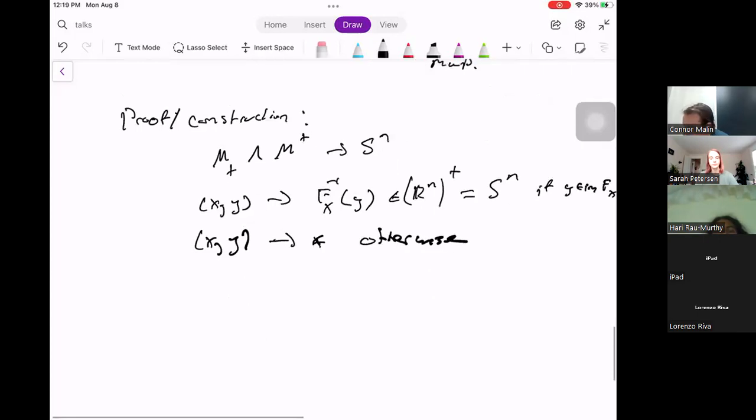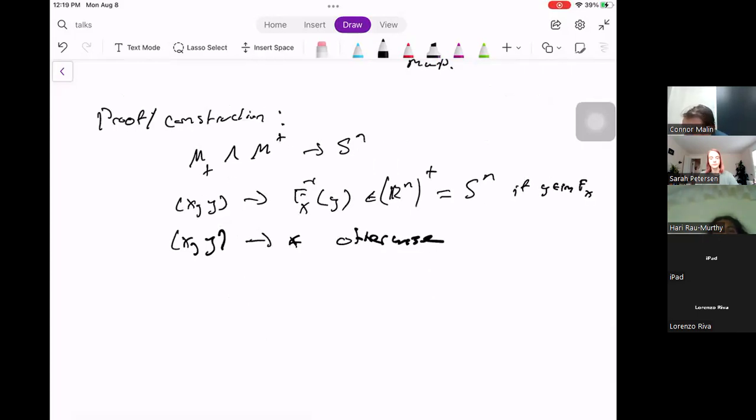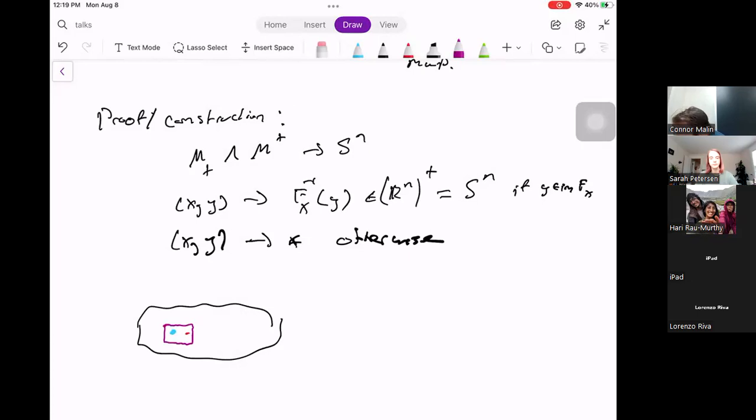So I can draw a little picture of what's going on here. Here's a manifold. Here's a point x. Here's a point y. And then here's my Lou framing evaluated at x, so f sub x.